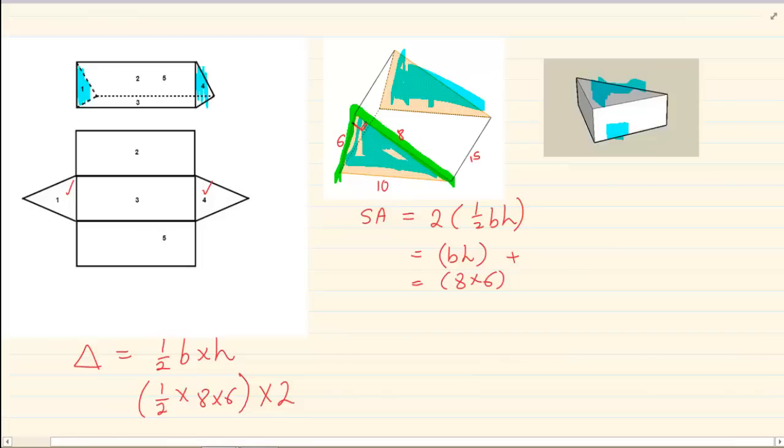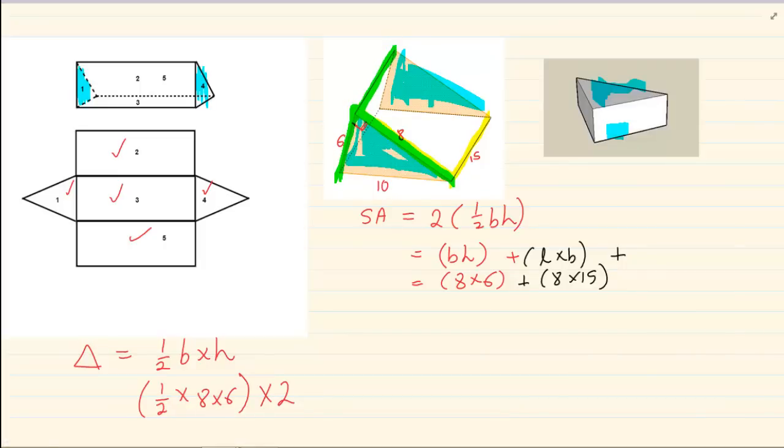Now considering the other sides, I have 1 rectangle, 2 rectangles, 3 rectangles. But what are their dimensions? Let's take the first one. This one here is going to be 8 times 15. So we know it's going to be length times breadth, which is equal to 8 times 15. But they are all not the same. The second one is now also the 15, but it is linked to the 6.